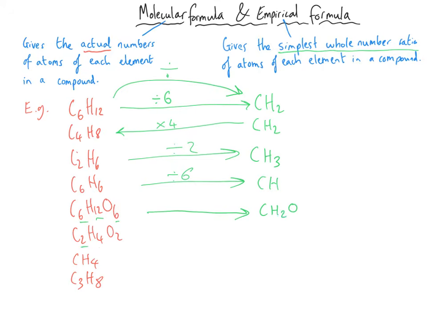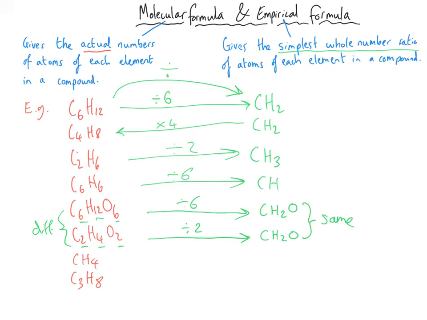Now this time we've got 2, 4 and 2, so we're trying to divide that by the biggest number that we can, which is 2, and so CH2O. So you can see that we've got the same empirical formula, but different molecular formulas on this side. So different molecular formulas, but the same empirical formulas.